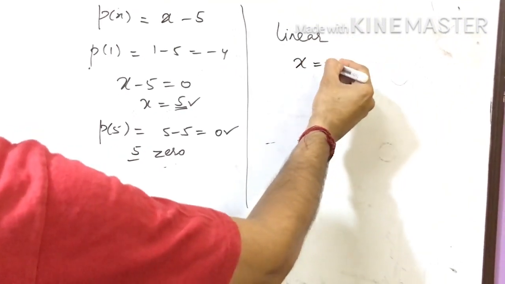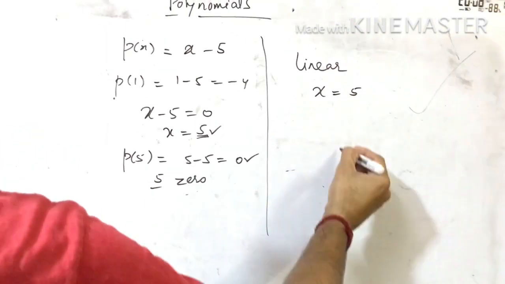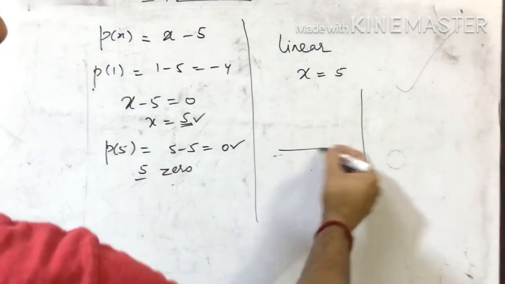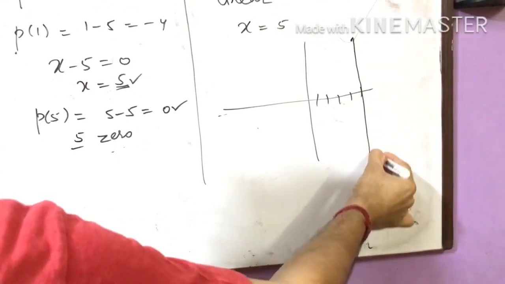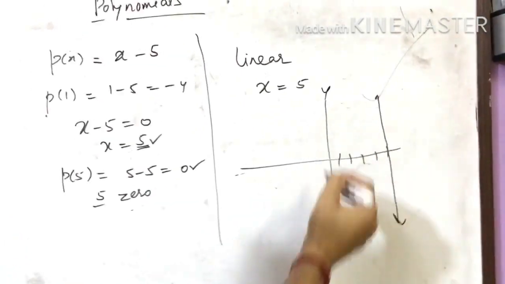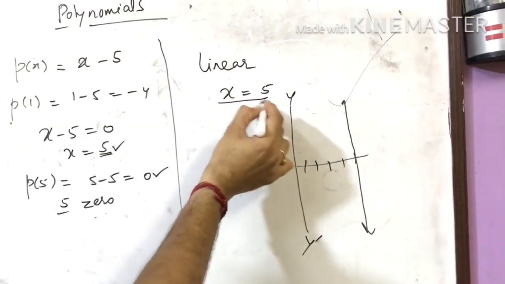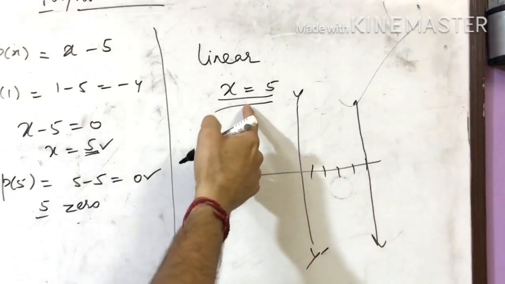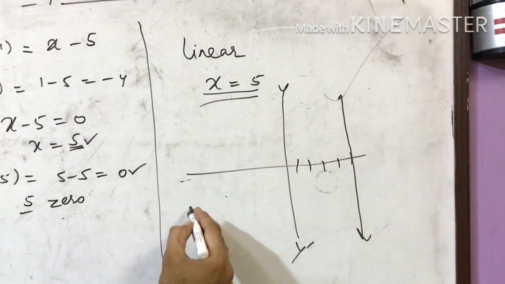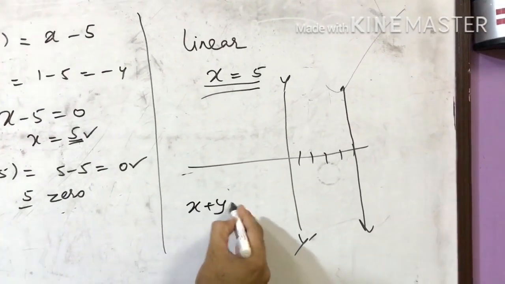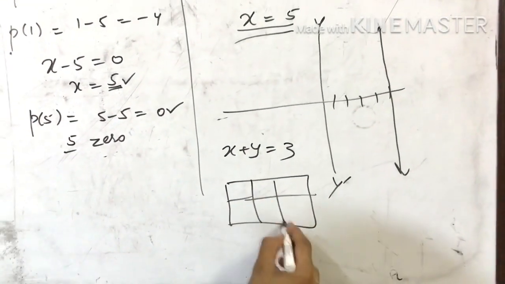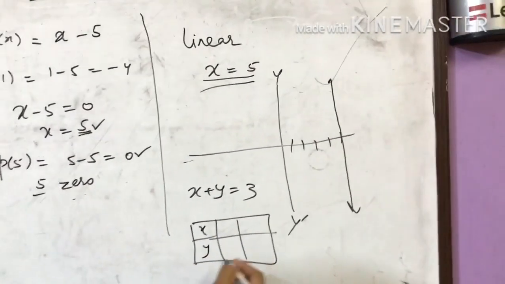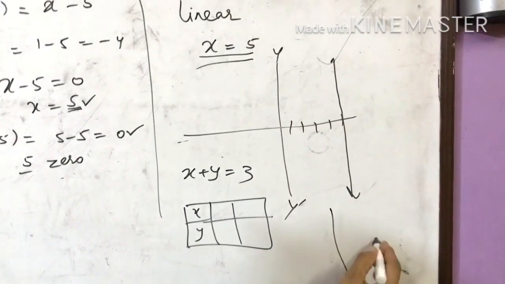If x = 5, there is an equation; the line passing through here, parallel to the y-axis, will be the graph of this polynomial. But if it is x + y = 3, then you have to find the values. By finding different values of x and y coordinates, you can draw it.